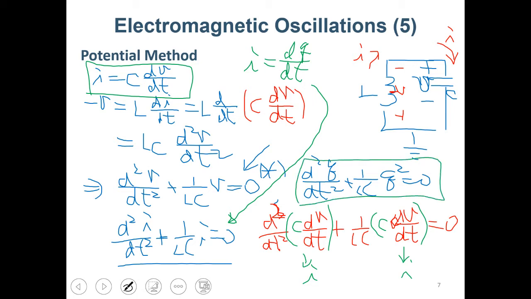So because they have only a linear relationship between them, all the variables should satisfy this equation.